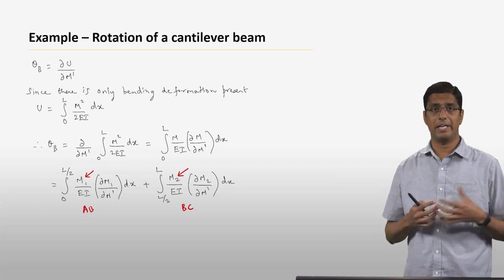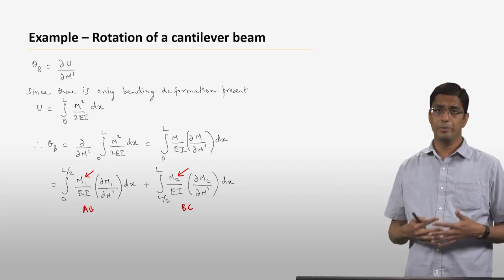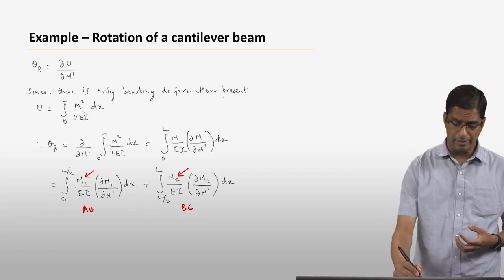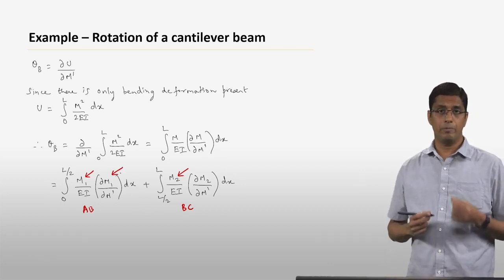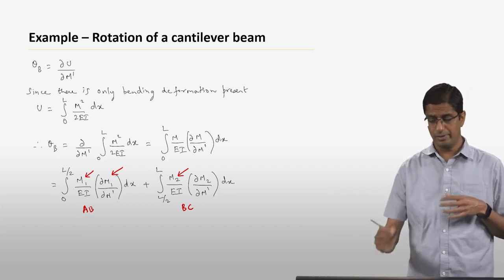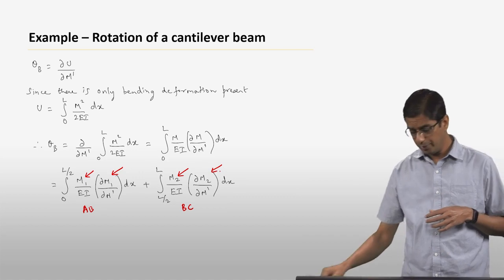We have already derived these moment functions, so all we have to do is substitute them into this integral. We also have to find these terms, dM1 by dM prime and dM2 by dM prime. Those two things we still have to figure out, and that is what we are going to do next.